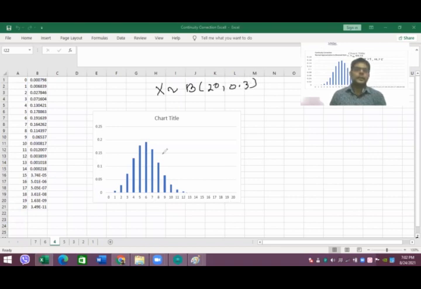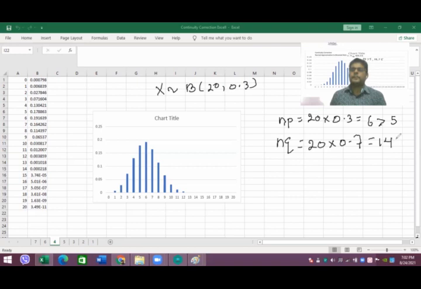So you can see that as we increase the number of trials, here n times p, that is 20 times 0.3, will be 6. This is bigger than 5, and if you check for n times q, that is 20 times 0.7, this value is 14, which is again bigger than 5.